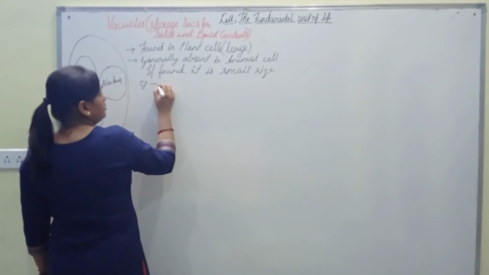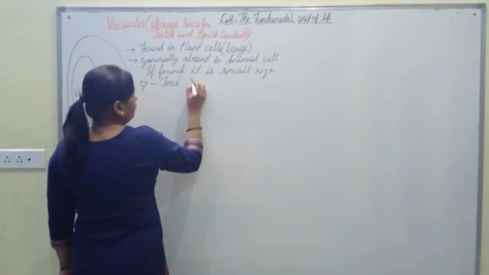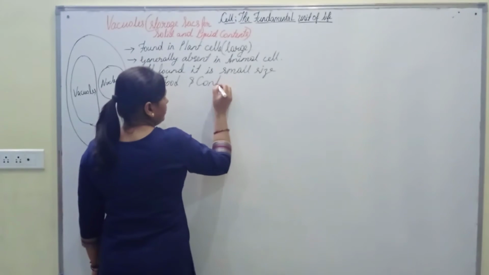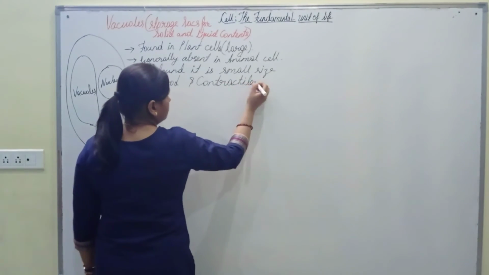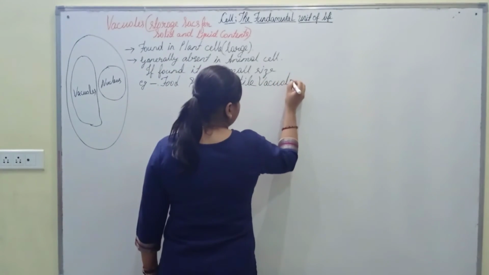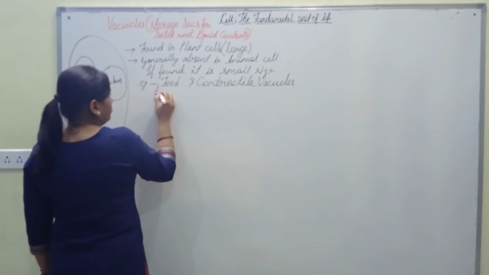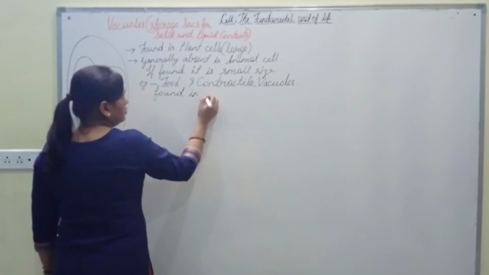Examples are food vacuoles and contractile vacuoles, found in amoeba and paramecium.